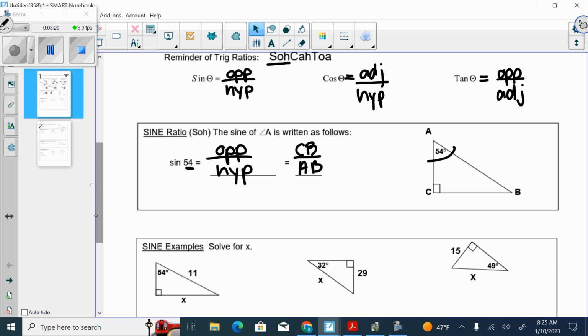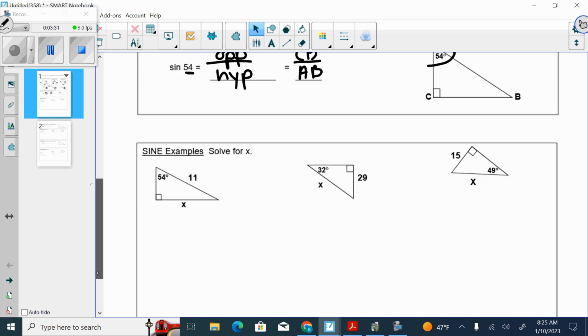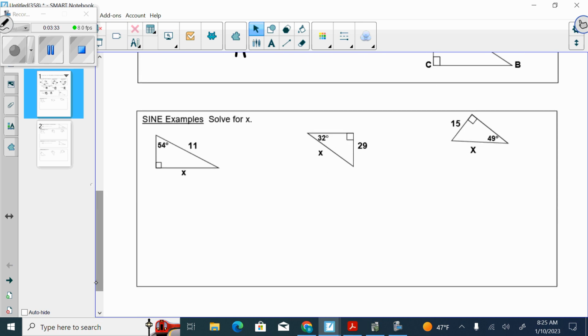So let's see here. On this first example, what is the degree of the angle that's given to us? 54, okay. And these are all sine examples, so we are going to use sine. So I'm going to have sine of 54 degrees instead of sine of theta is equal to, like you guys told me earlier, opposite over hypotenuse.